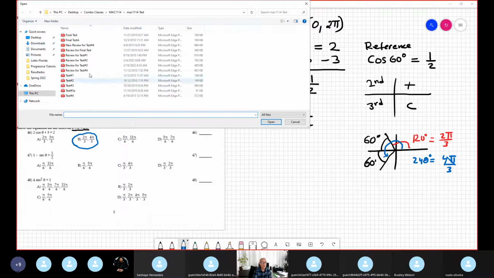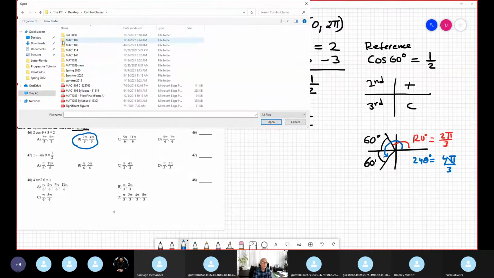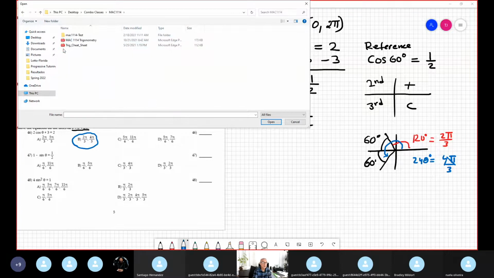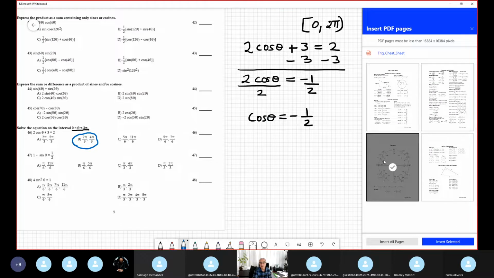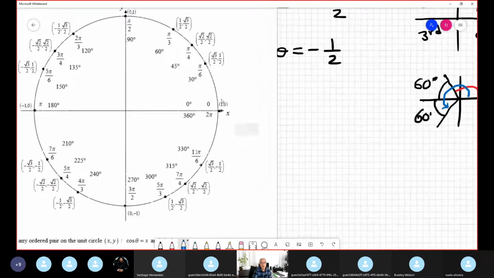One possibility, Nuela, is the unit circle. I don't know if you like or you don't like the unit circle. In the unit circle, are you familiar that for any point, the first component is cosine and the second component is sine, correct?